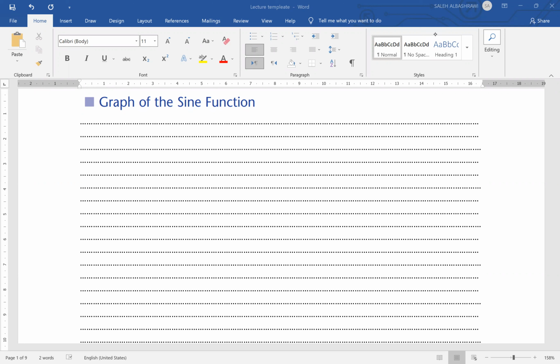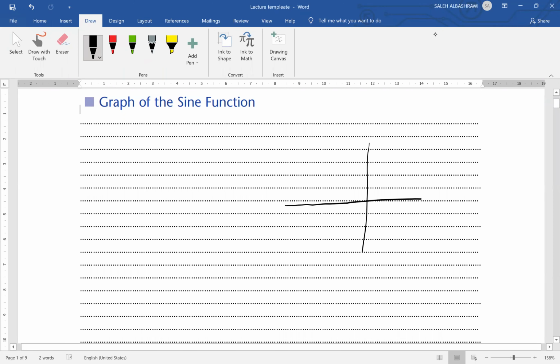And also we know that the sine function is related to the xy plane, or four quadrants. We have four quadrants, 1, 2, 3, and 4. And based on this, we have quadrantal angles.